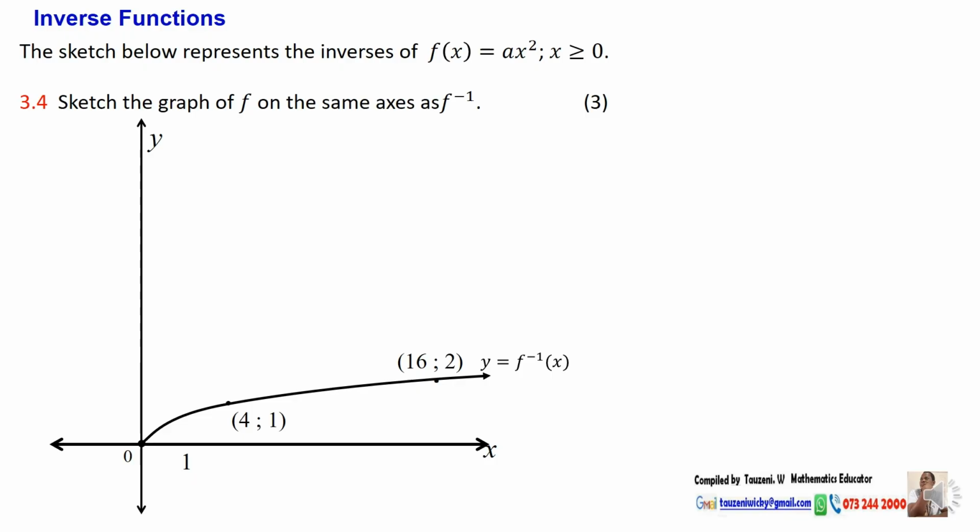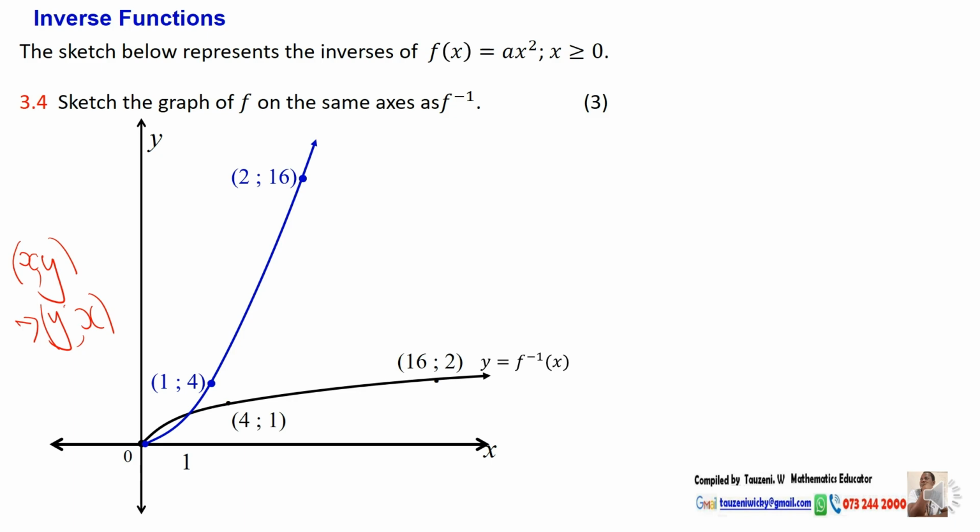Remember from our previous discussions, we said the coordinates x, y become y, x when drawing the graph of the inverse, which means in our case 4, 1 will become 1, 4. 16, 2 will become 2, 16. Then we connect them to produce the required graph of the function f. That's what we are doing in this case.